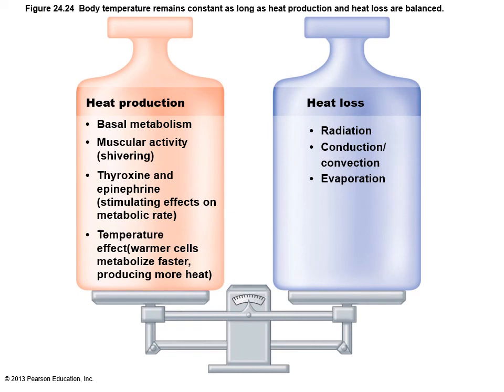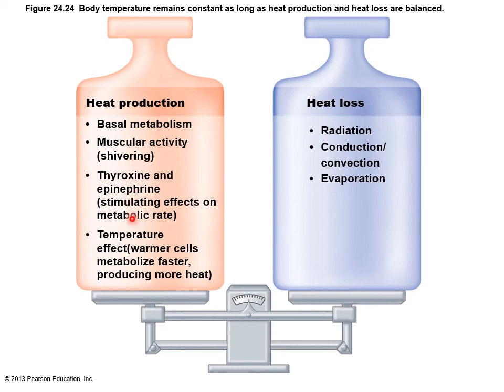So these are heat production and heat loss mechanisms. Heat production: basal metabolism. Remember, when you're burning glucose, heat is a byproduct. When you're cold, shivering moves muscles, and by burning glucose making those small movements, that's going to generate some heat.